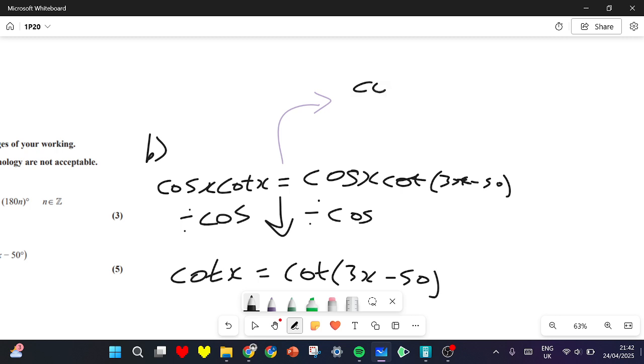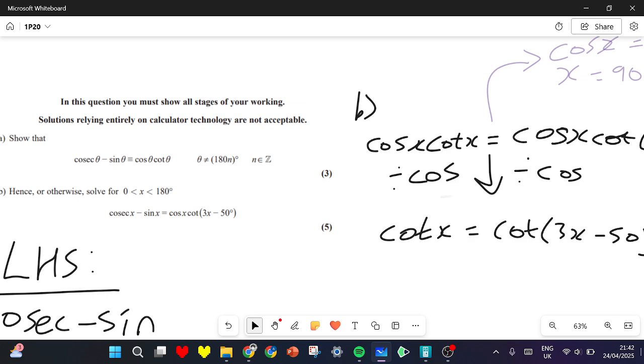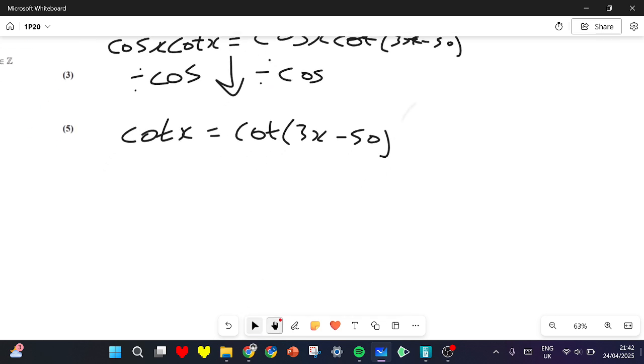So that would be cos x is equal to 0. So if you solve for x, doing cos inverse of 0, you get 90 and 270. But the question is between 0 and 180, so we can just ignore the 270. So just x equals 90 is one solution.